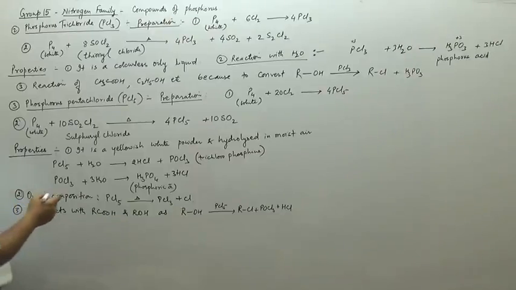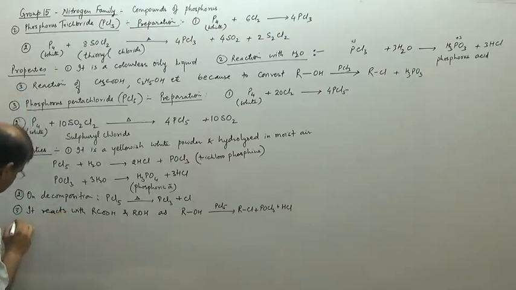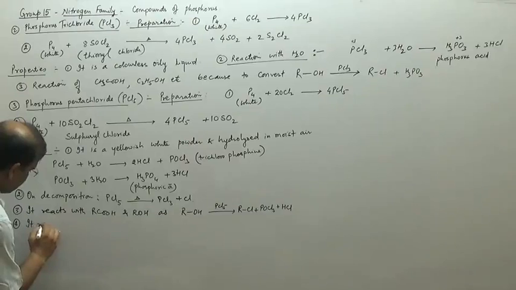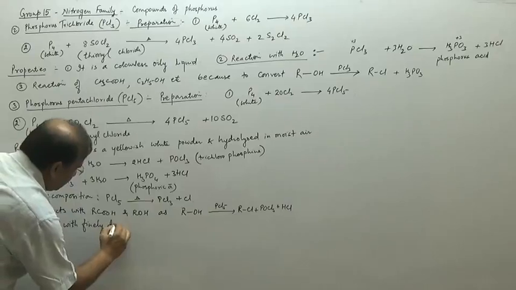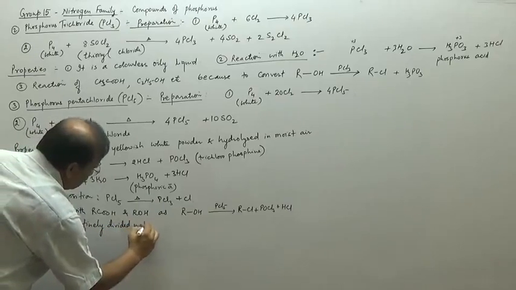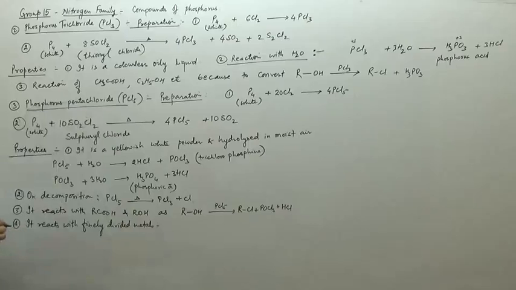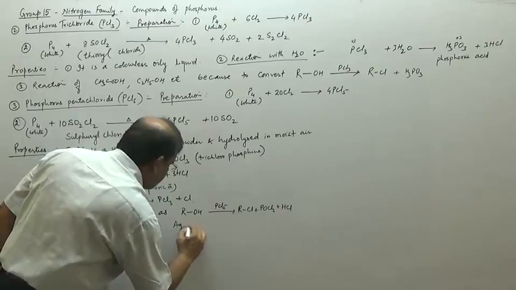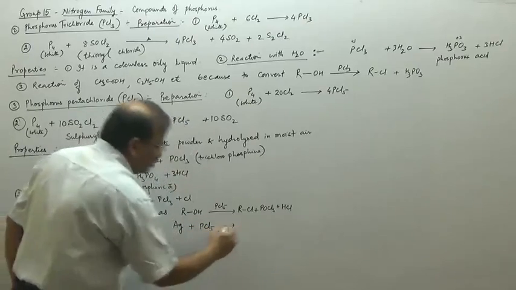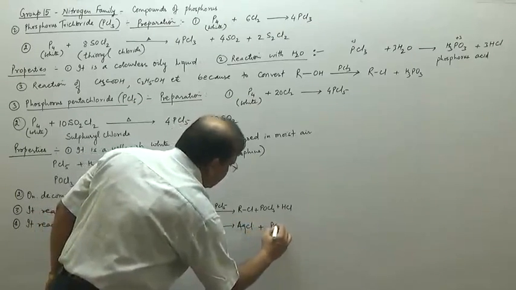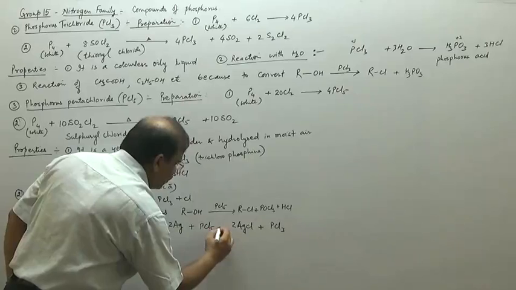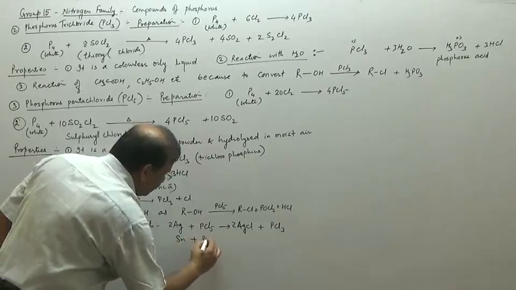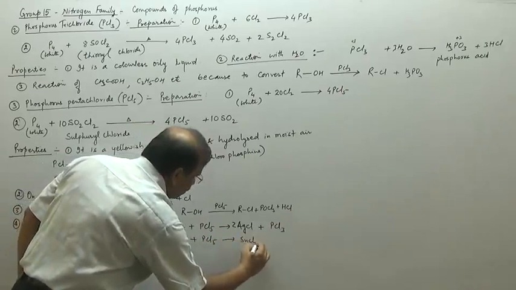Now, it reacts with finely divided metals, like silver and tin. When silver reacts with PCl5, it gets converted into AgCl, and PCl3 is formed in the reaction. And if tin is treated with PCl5, then it forms SnCl2 plus PCl3.